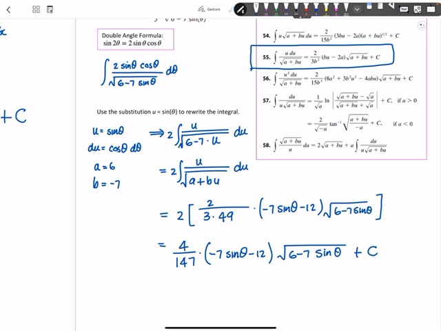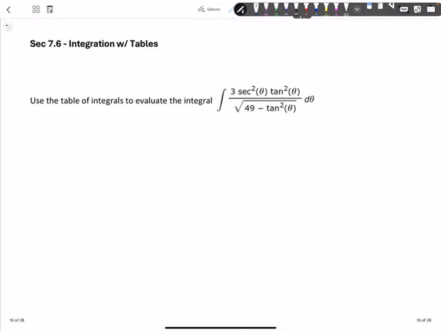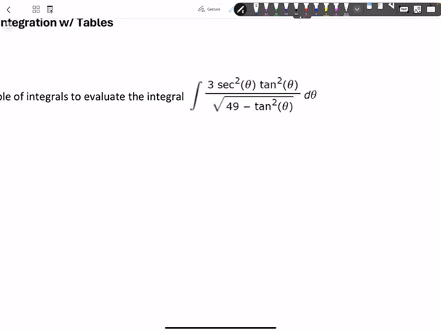All right, I do have one last problem here. This problem says use the table of integrals to evaluate the integral of 3 times secant squared of theta times tangent squared of theta divided by the square root of 49 minus tangent squared of theta. So if you would like, we could rewrite this.